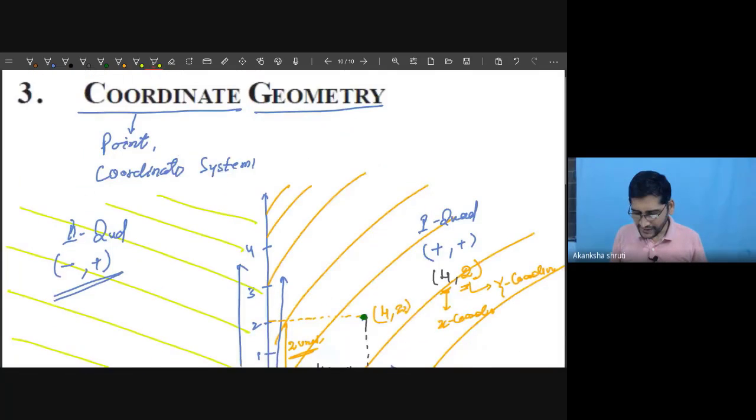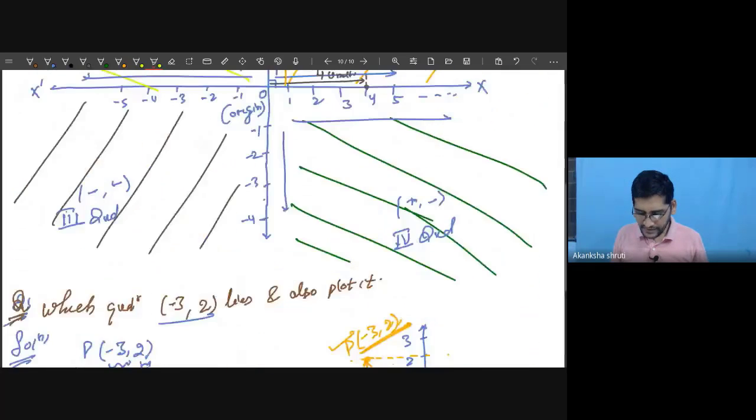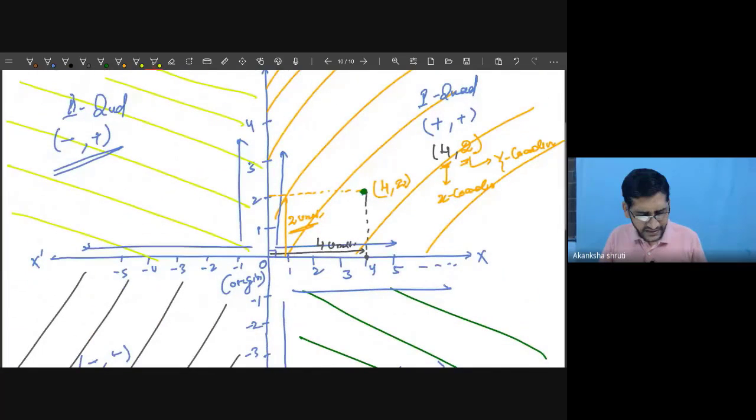Another small thing is this: whatever length along the x-axis that we are taking, say here 0 to 4, is called the x coordinate. And the length from the x-axis to the point that we are taking is our y coordinate.